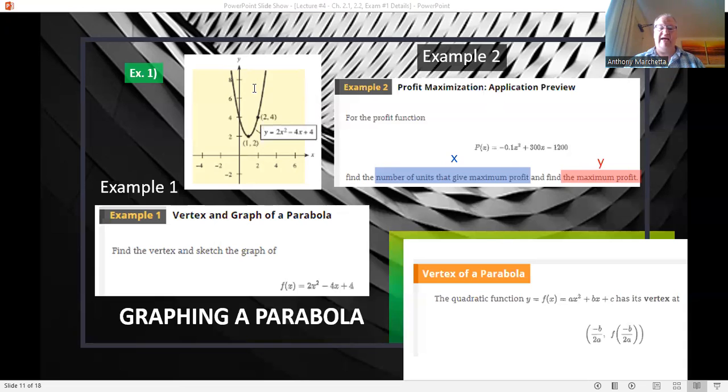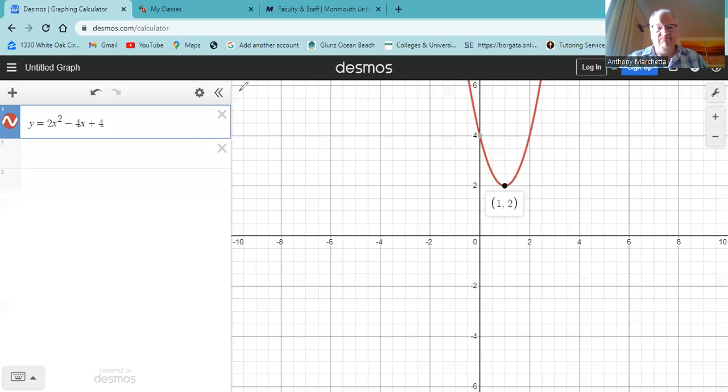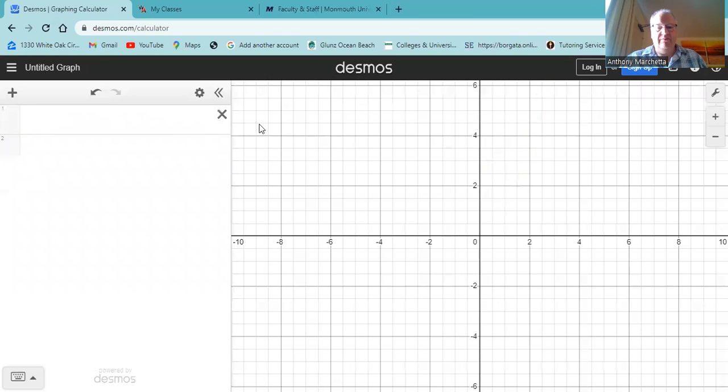Let's go back to Desmos now. It's negative 0.1x squared plus 300x. Don't forget, friends, to make it y equals first, of course.